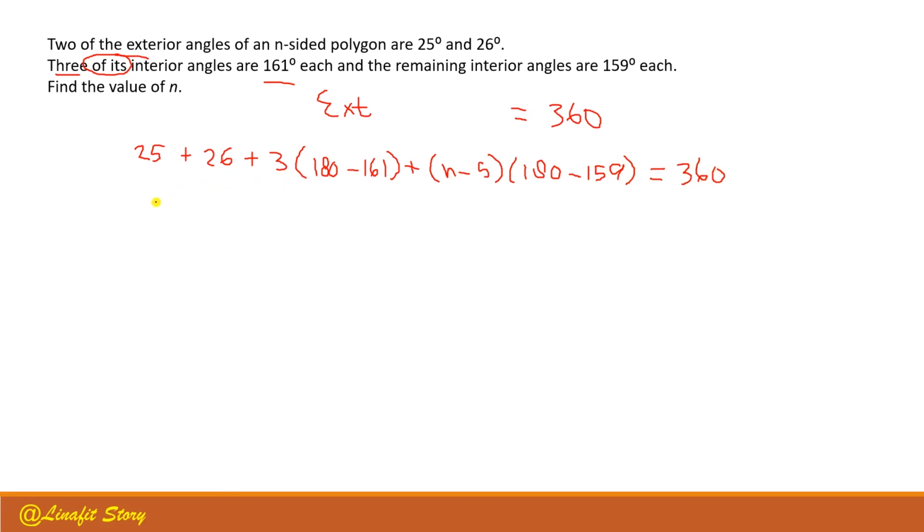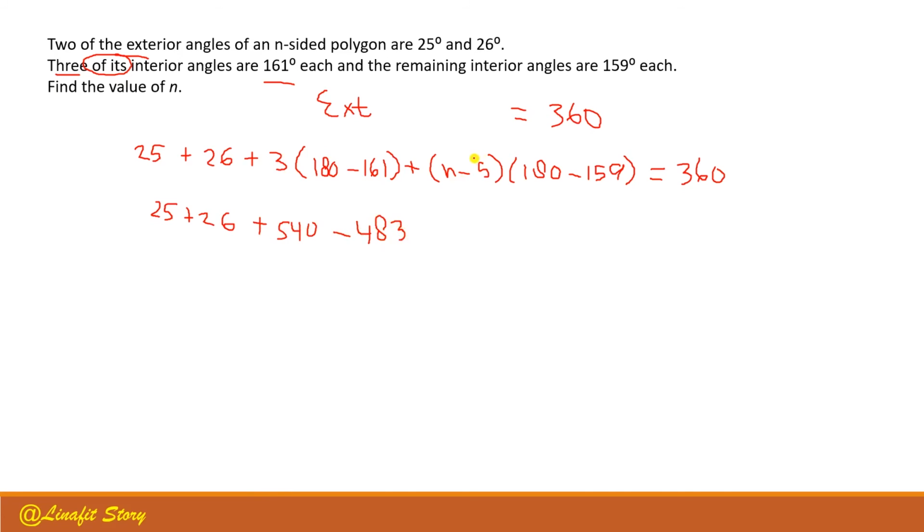So 25 plus 26, 3 times 180 is equal to 540. 3 times negative 131 is equal to negative 483.